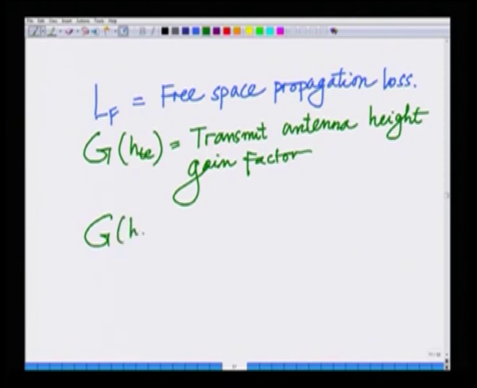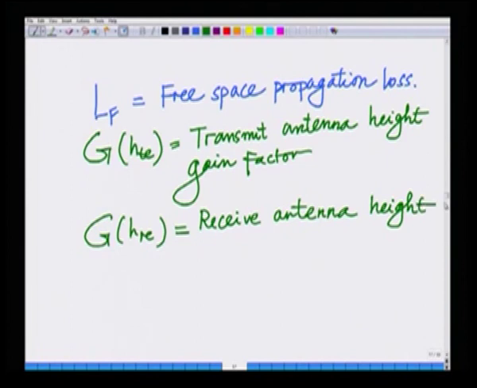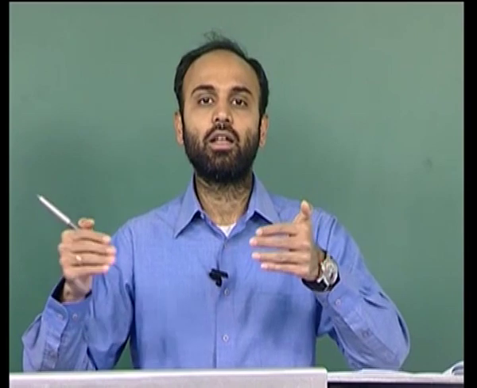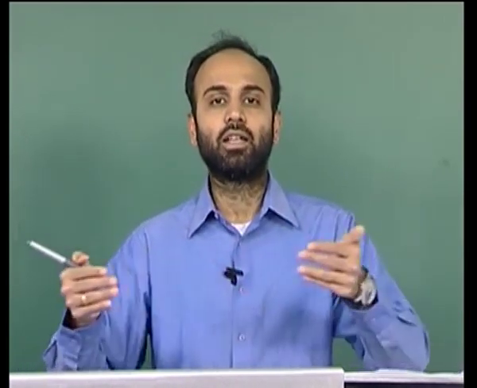Similarly, GHRE is the receive antenna height gain factor. This gain is arising because of the height of the receive antenna. And normally you can see, if the transmit antenna and receive antenna are mounted high, then there is less obstruction, which means less interference, which means more energy is received at the receiver.